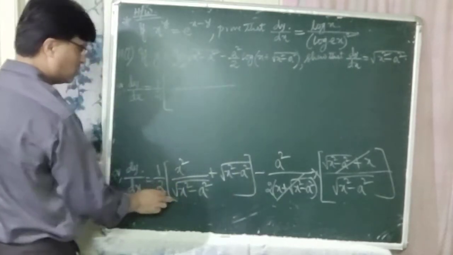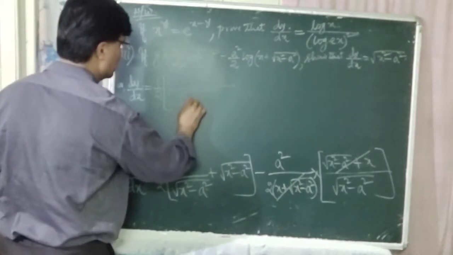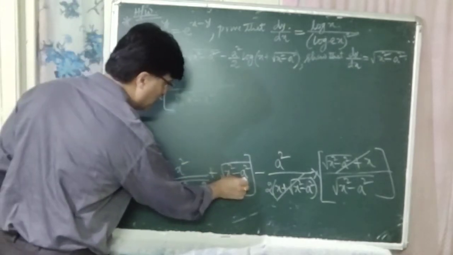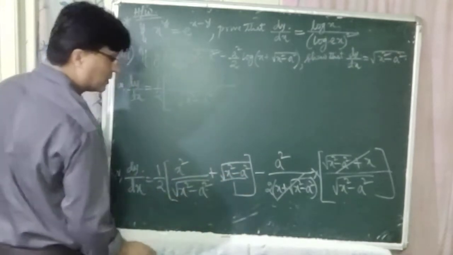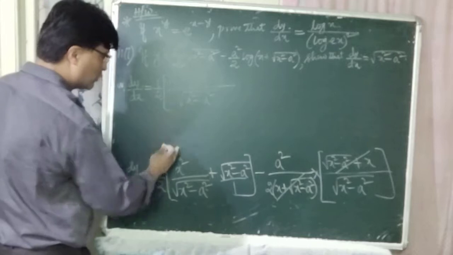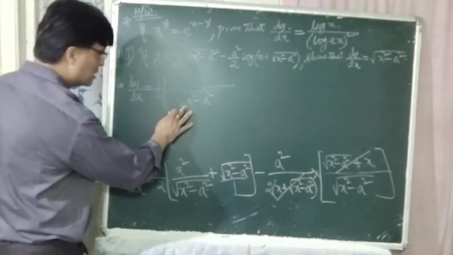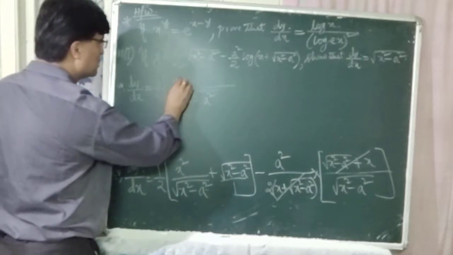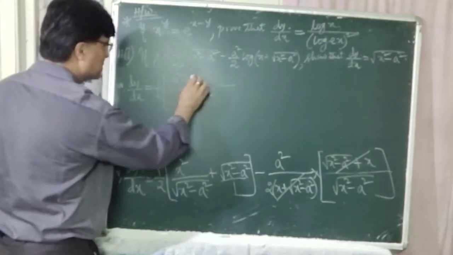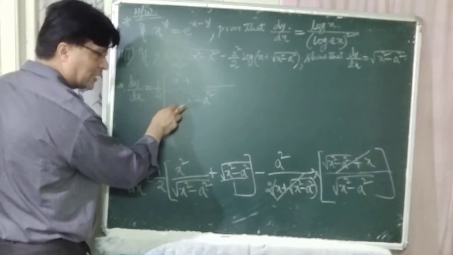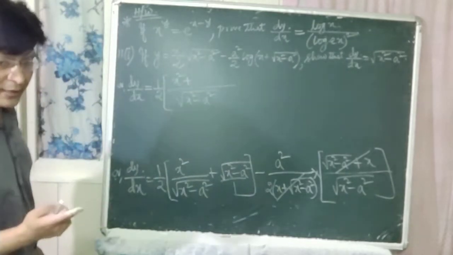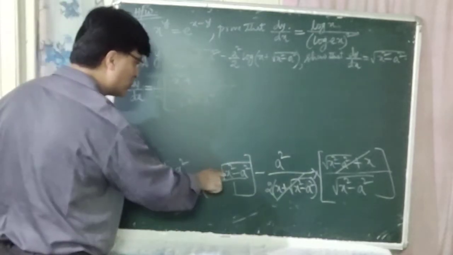What's the LCM now? Here it is root over x square minus a square is the LCM, and below this root over x square minus a square there is 1, so its LCM is root over x square minus a square. So this LCM is divided by root over x square minus a square. It is 1. So 1 into x square is x square plus, now this LCM, root over x square minus a square is divided by 1. That means root over x square minus a square. Now multiply it again by root over x square minus a square.